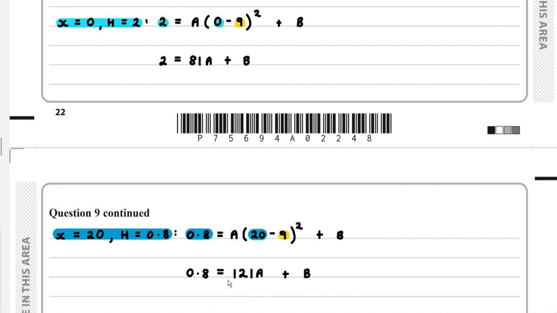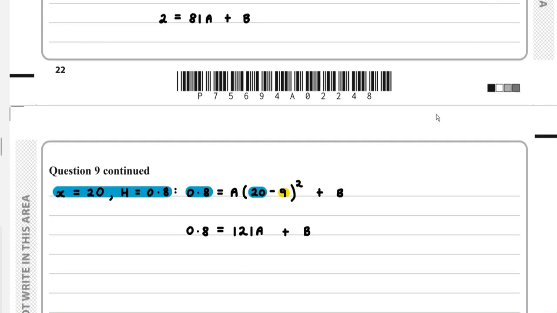So we have 0.8 equals 121a plus b. We have two equations with two unknowns. We have 81a plus b equals 2 and 121a plus b equals 0.8. So we can solve these simultaneously to find a and b.